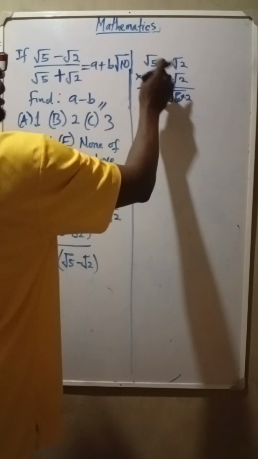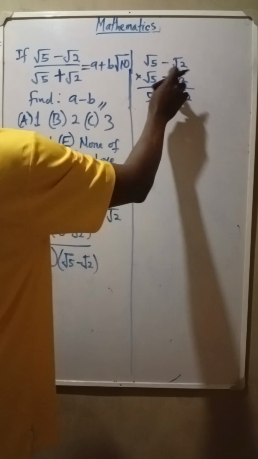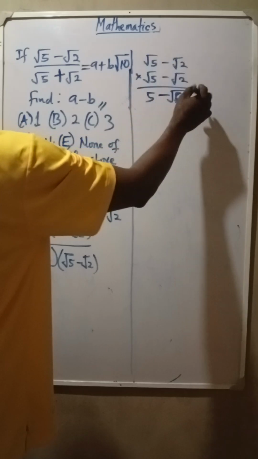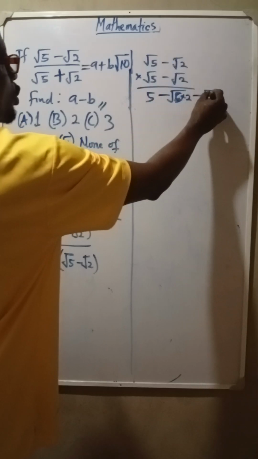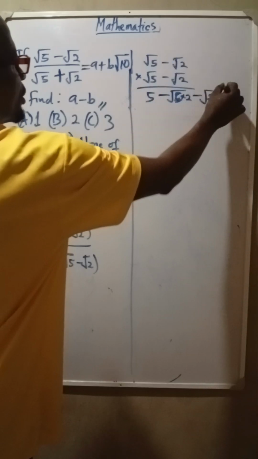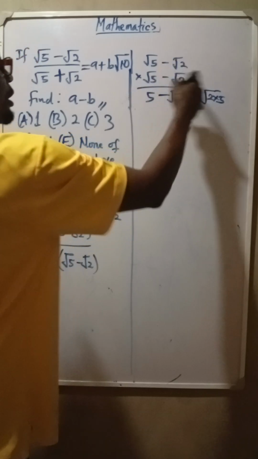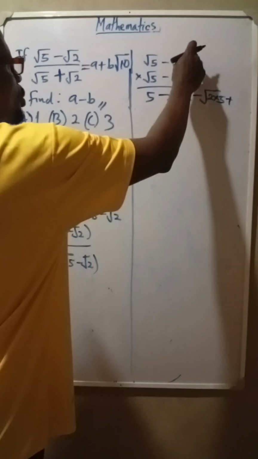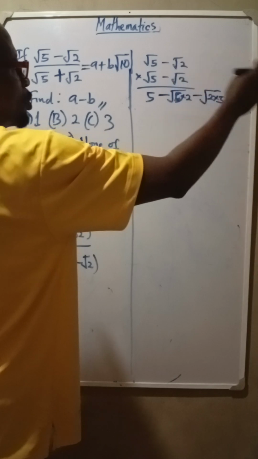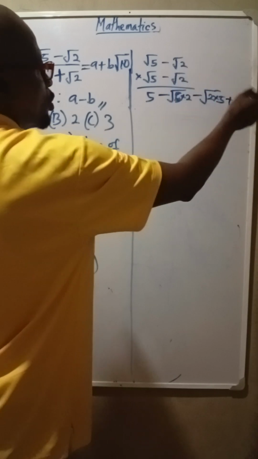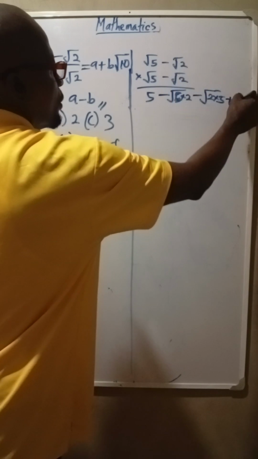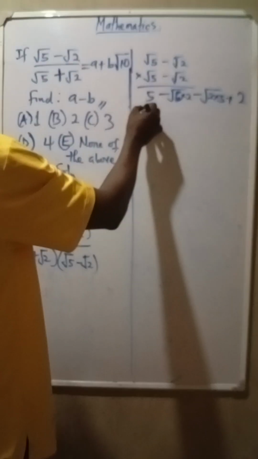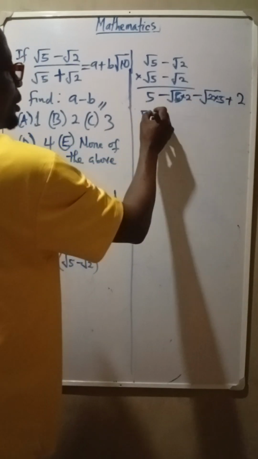Minus root 2 times root 5 will give me minus root 2 times 5. Lastly, minus times minus is plus. Then root 2 times root 2 is root 2 times 2, which is root 4. Square root of 4 is 2.